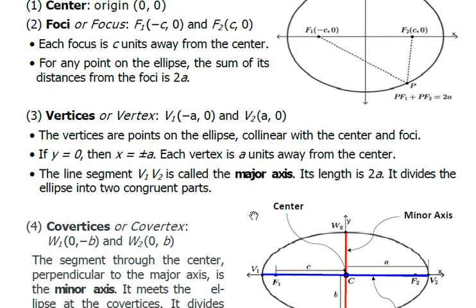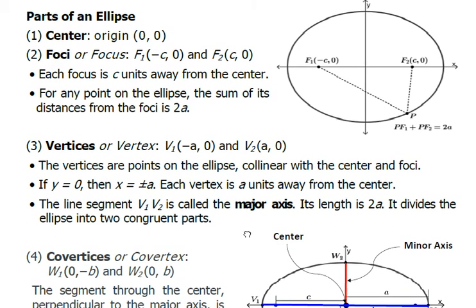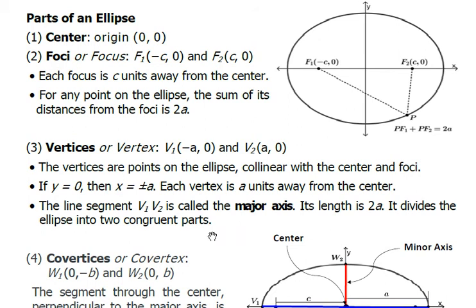Now for the vertices, or vertex for its singular meaning, we have V1 as negative a, 0 and V2 with coordinates a, 0. It says here the vertices are points on the ellipse collinear with the center and the foci.